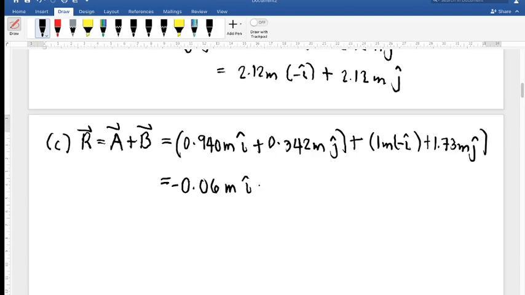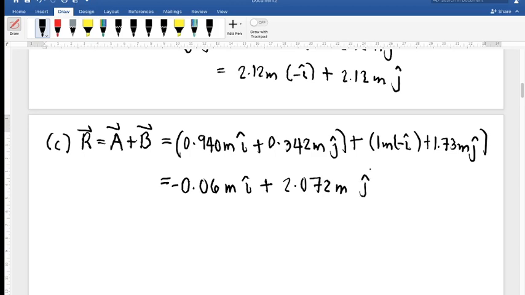Ganun lang din. Plus, next is 0.342 plus 1.73. So 0.342 plus 1.73, so that is equal to 2.072 meters j hat.